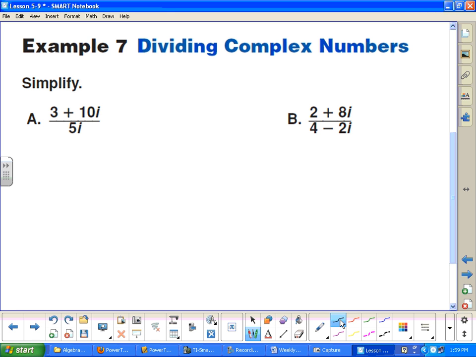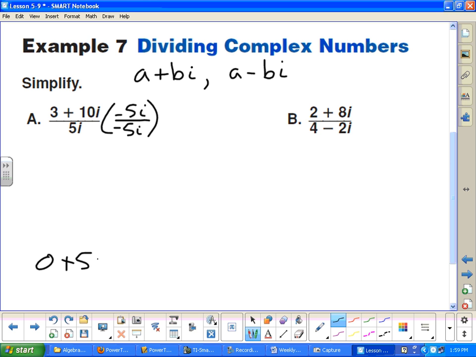So, what's the conjugate of 5i? Now remember, when we talk about conjugates, if I have a plus bi, the conjugate would be a minus bi. So what's the conjugate of 5i? Negative 5i. So that means I'm going to multiply the numerator and the denominator by negative 5i. Just like if this said the square root of 3 here, we would multiply numerator and denominator by the square root of 3 to get it out of there. Because this is 0 plus 5i, right?